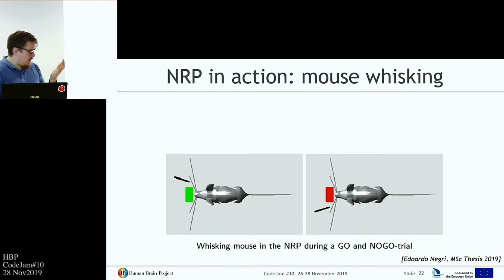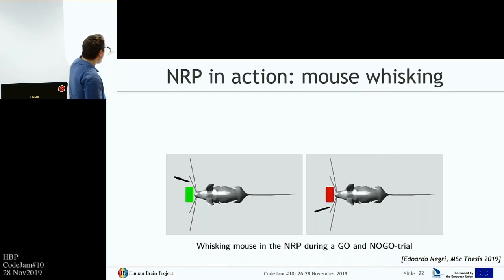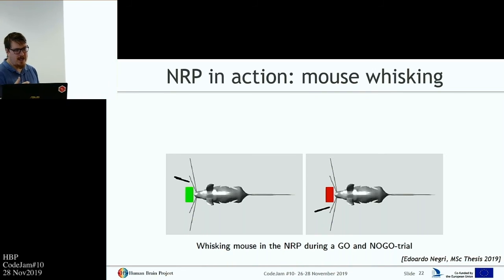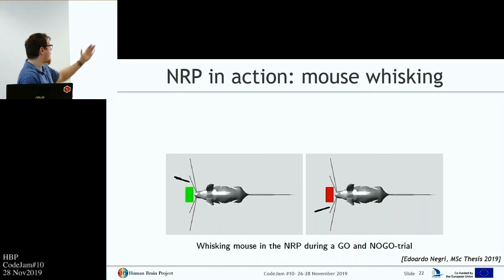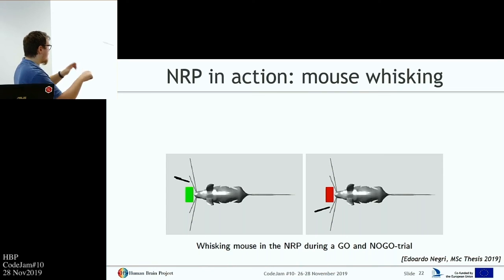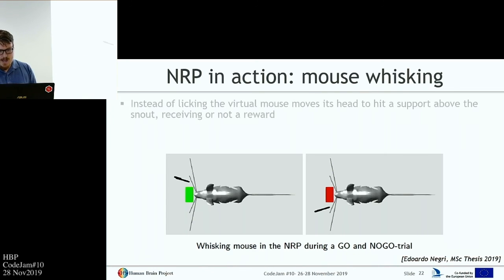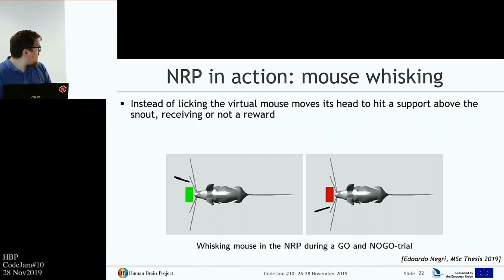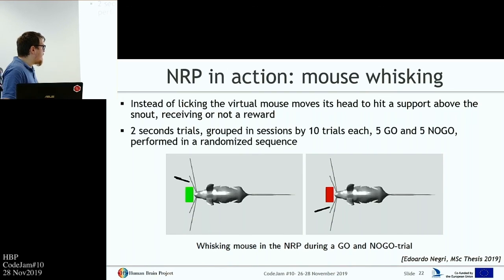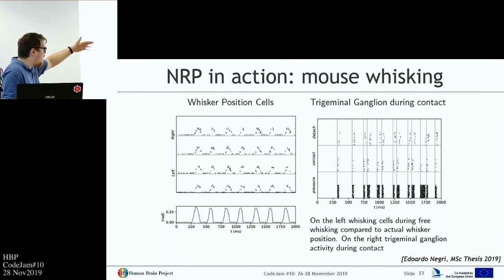In this case, we had the pole, and instead of having the pole back or forth, we had it left or right. Having it right is a go trial, and otherwise we don't have the water drop, so we have this colored bar, green or red. We have this randomized session of different trials, and we have simulated this in the NRP.